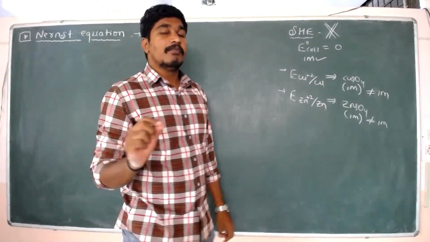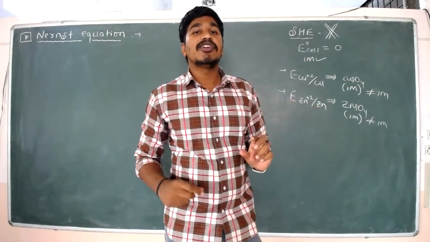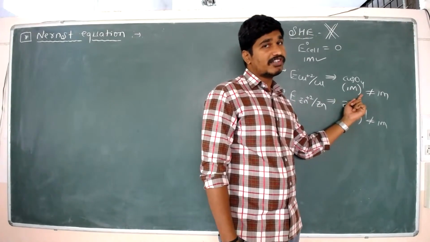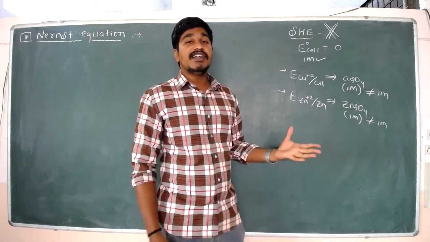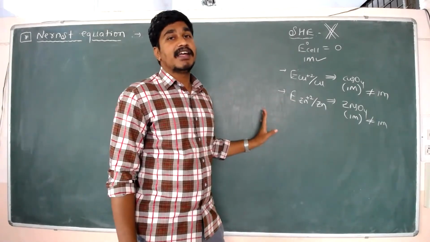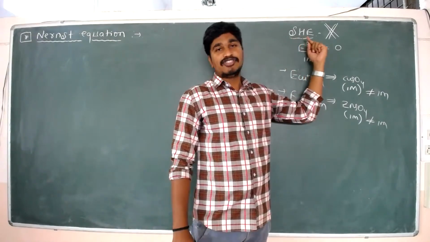By using the standard hydrogen electrode, we can calculate the electrode potential only for solutions whose concentration is 1 M. If the concentration is not equal to 1 M, then we cannot calculate the standard electrode potential or reduction potential by using the standard hydrogen electrode.